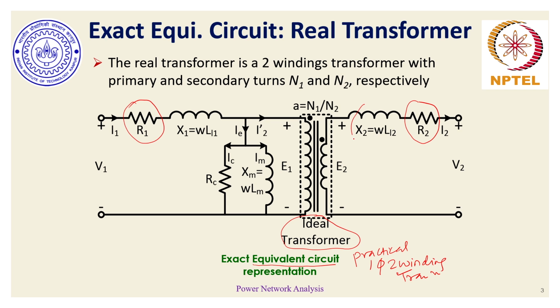Then we have X2 and X1, which account for the flux leakage between the primary and the secondary windings with respect to the core. Then we have two parallel circuits.